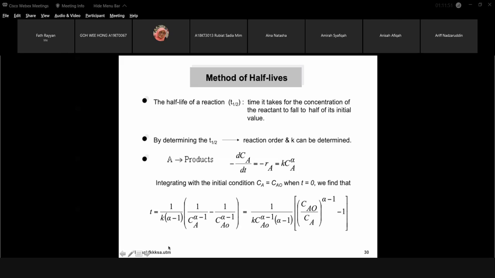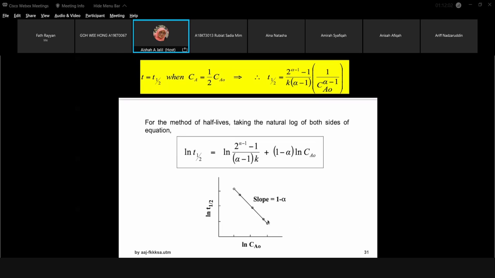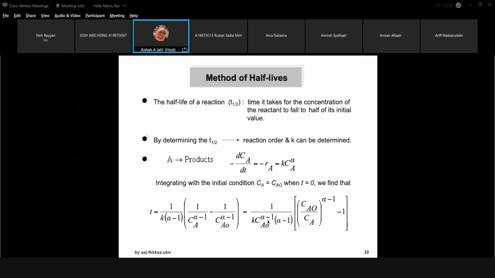So you have to calculate the T. The T is equal from this one. The complicated one you have to do. This is T tau, belum ln lagi. So if you want to put in graph, we have to ln T equal MC plus Kn. This one.